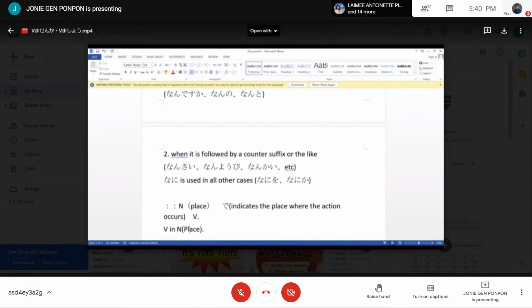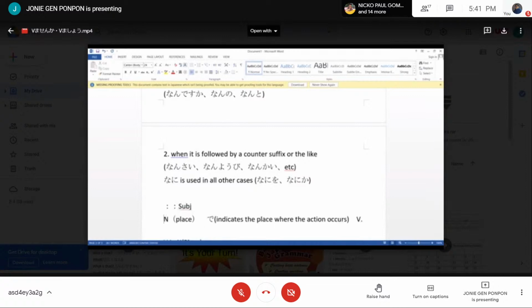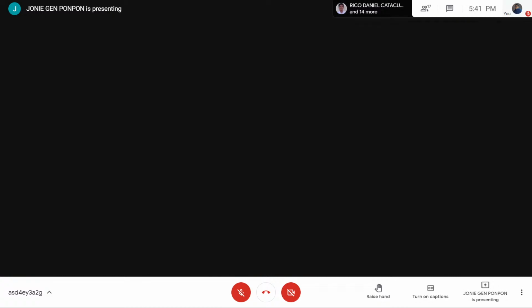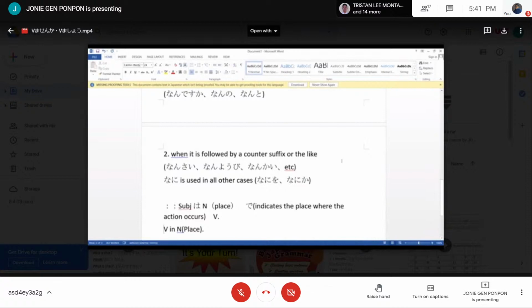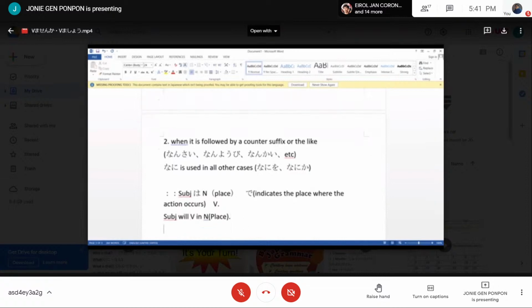Pag merong subject ka, you can also use, okay, subject wa, subject wa, and place de, and then the verb. Okay, or this will become subject will verb in place. Okay, so the subject will do the verb in this place, parang ganon.